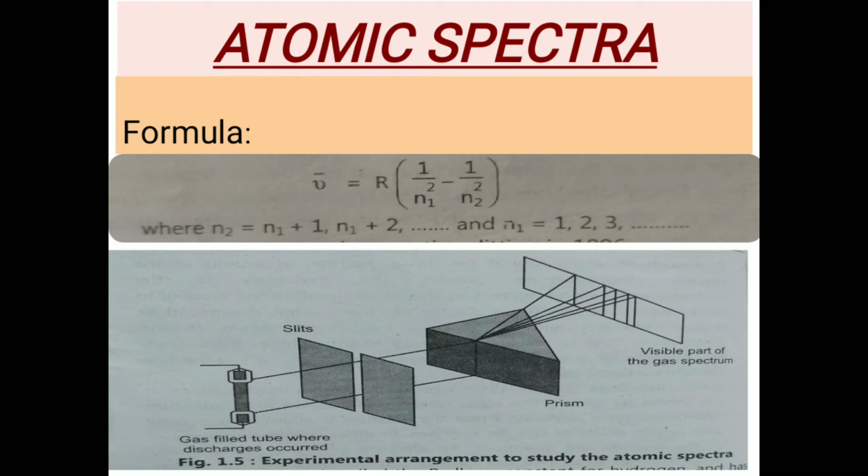The value of R is 10.9679 micro per meter. n1 is equal to 1, 2, 3 and so on. n2 is n1 plus 1 or n1 plus 2 and so on.